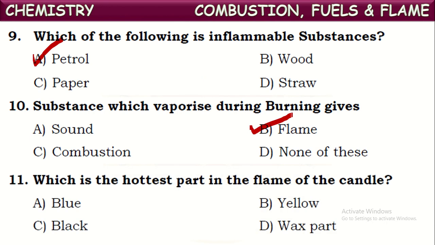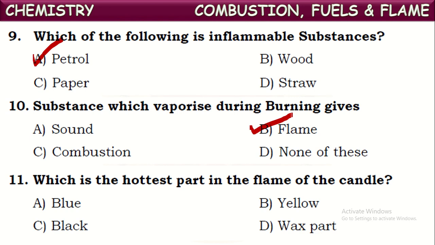Next one. Which is the hottest part in the flame of a candle? The hottest part in the flame of a candle is the outermost zone. Because there the vapors of candle wax react completely with the available atmospheric oxygen and produce a large amount of heat, with carbon dioxide and water vapor as products.